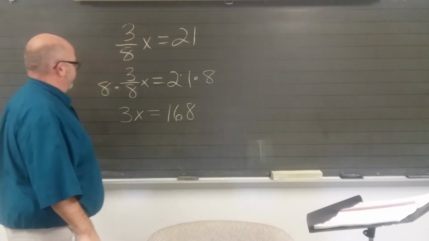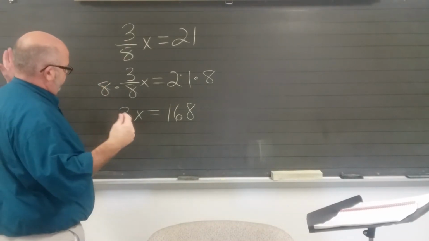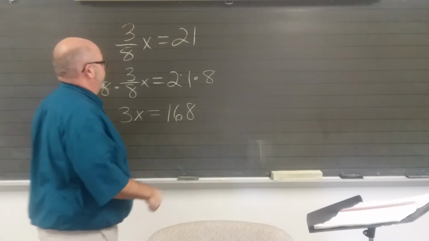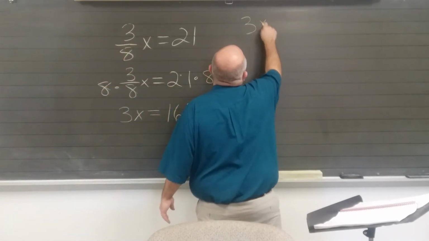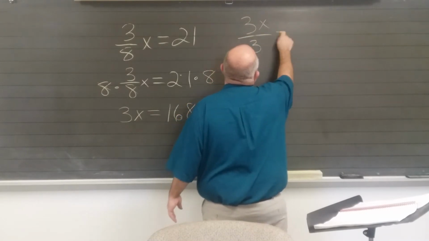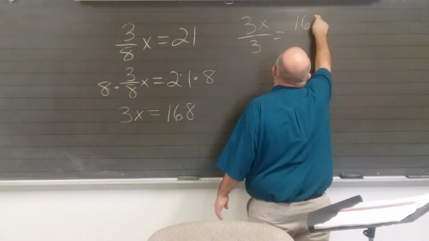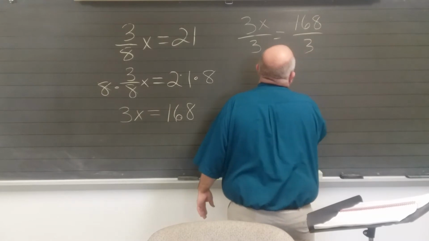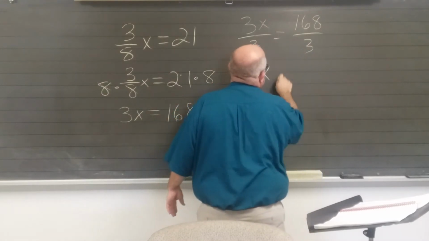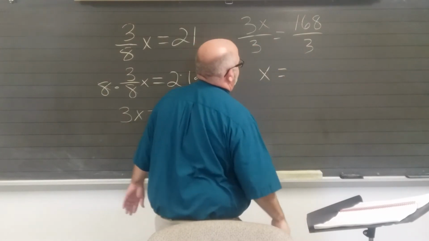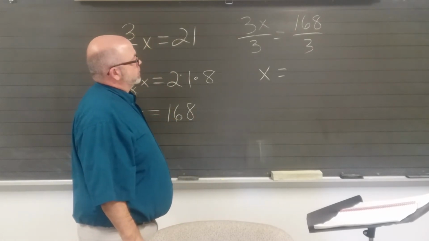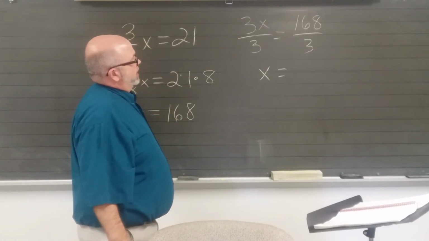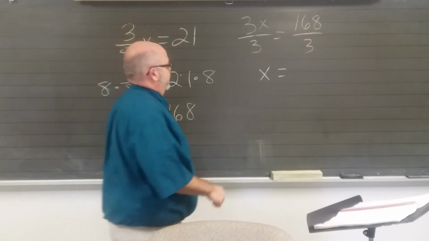All right, so then you have 3x equals 168, and you know the drill there. 3x divided by 3 equals 168 divided by 3. So x equals, what's 168 divided by 3? 56, yes.